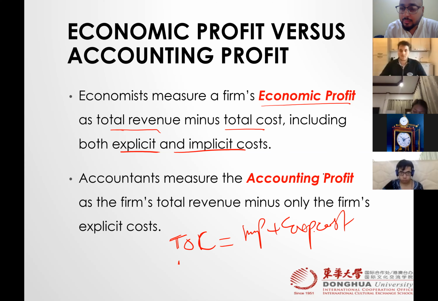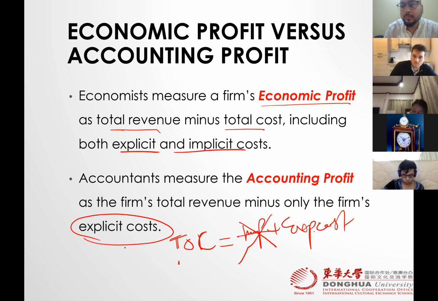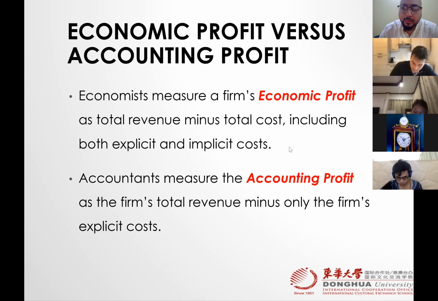While accounting only includes explicit cost. So accountants measure accounting profit as firm's total revenue minus only firm's explicit cost, whereas economic profit includes both. Economic profit includes both costs.